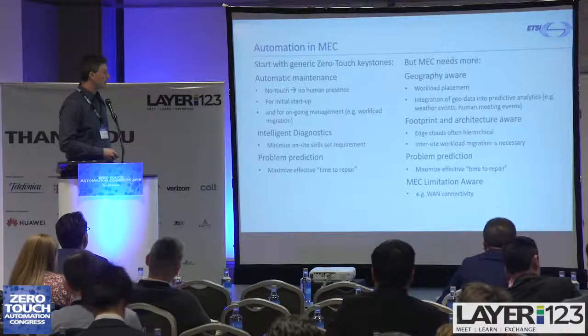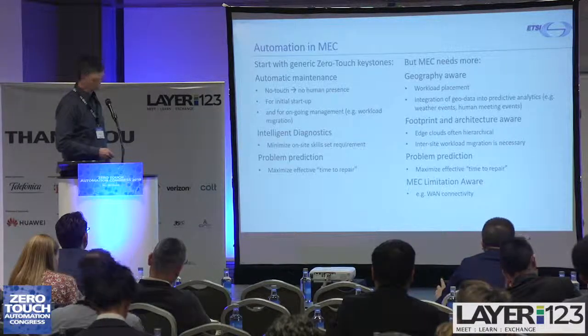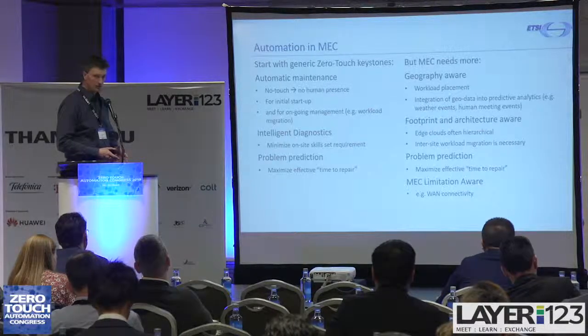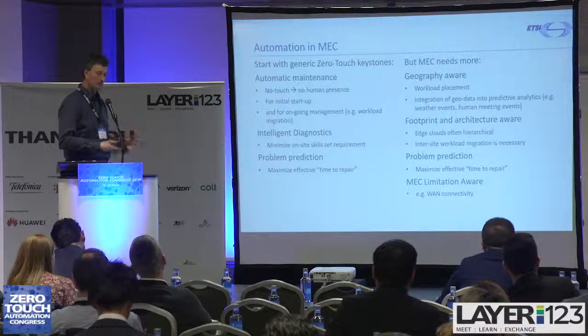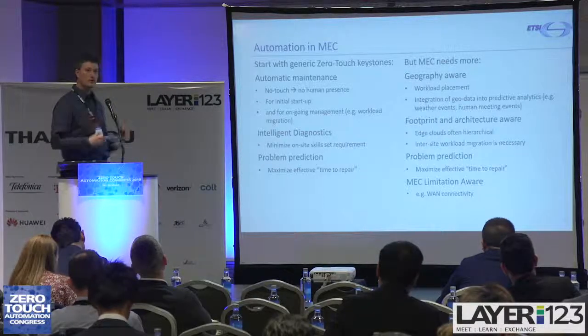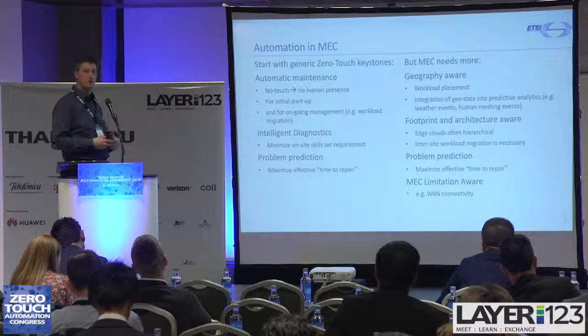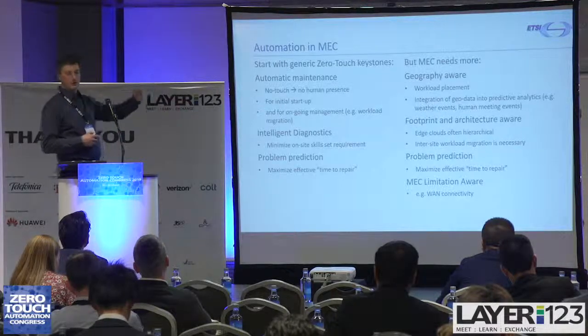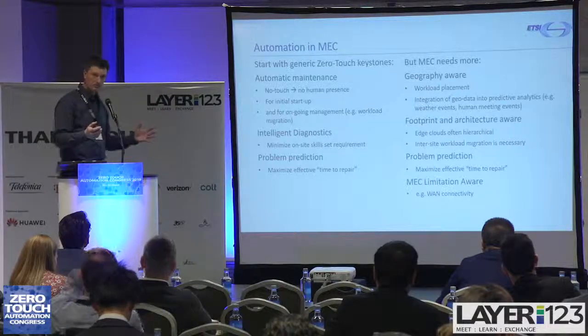It needs to be footprint and architecture aware, in the sense that in many cases you talk to communication service providers and they think of edge clouds as being hierarchical. There is some compute all the way at the far edge, and there's very little of it. You take a step backwards, there's a bit more compute.